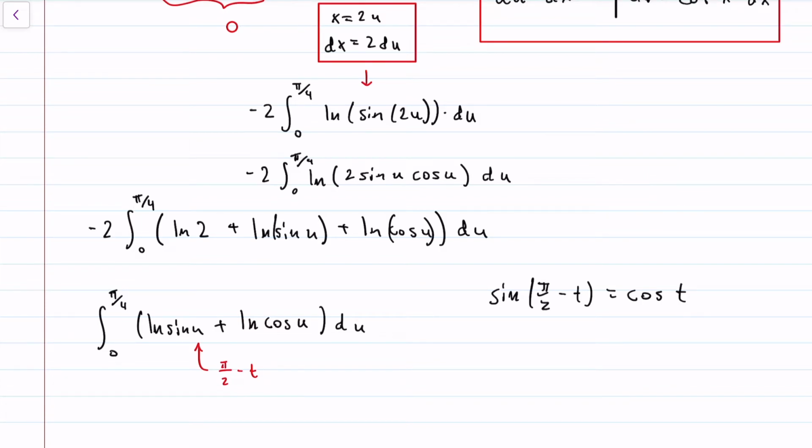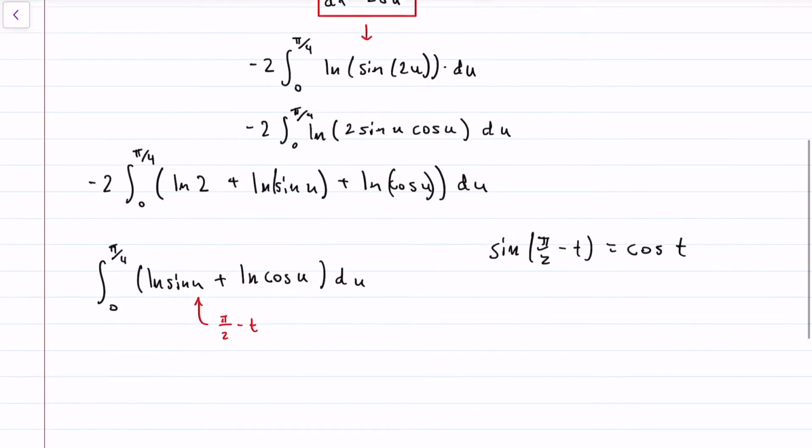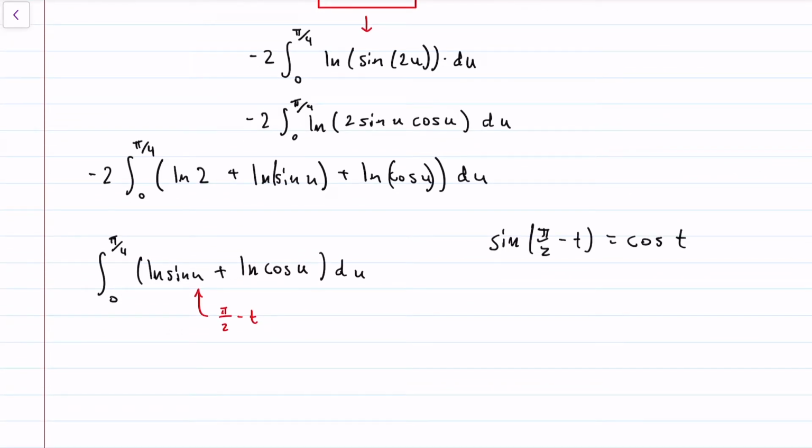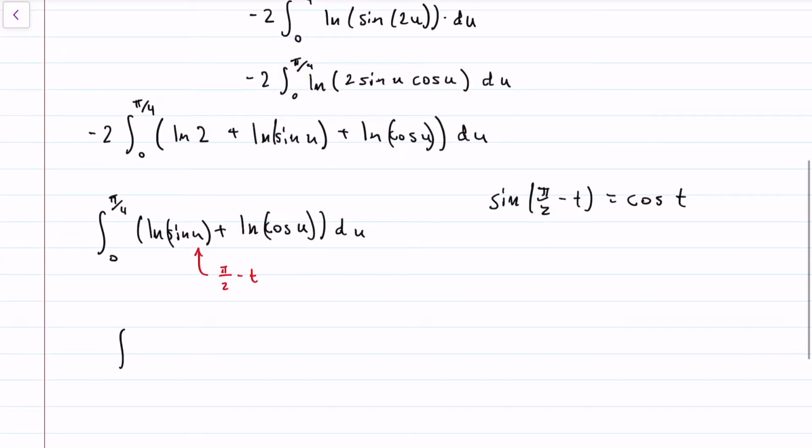But anyways, carrying on with this, if you were to apply this little substitution here, something interesting happens. For the first integral, this new t integral, the first term becomes ln of sine of pi over 2 minus t, which we just said is cosine of t.